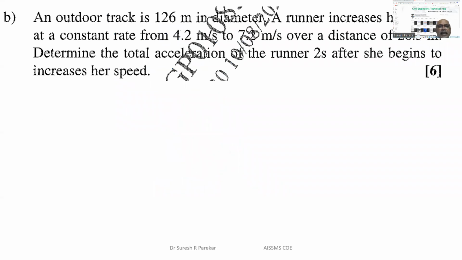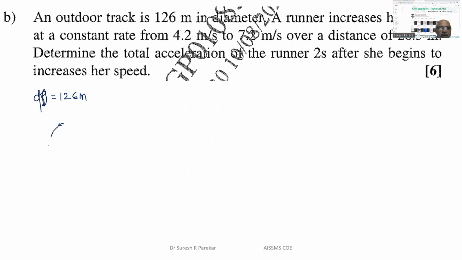Now similarly, an outdoor track is 126 meters in diameter. So write down rho, radius of curvature, equal to 126 meters. So that is given for an outdoor track. This is a diameter actually.